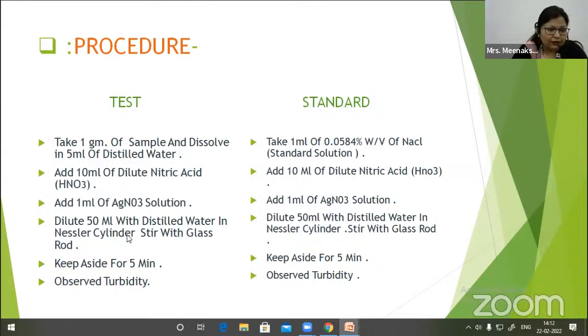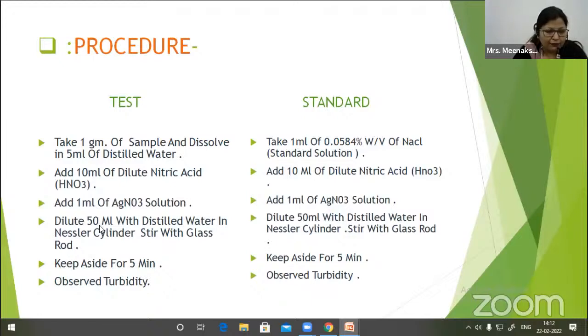Another important point here is that all the limit tests are carried out in the Nessler cylinder. The Nessler cylinder is a cylindrical glass vessel in which limit tests are carried out, because it is made of glass and it is very possible to see through. That is why we use Nessler cylinders, which are typically made for carrying out the limit test. We can take a 50 ml or 100 ml Nessler cylinder.